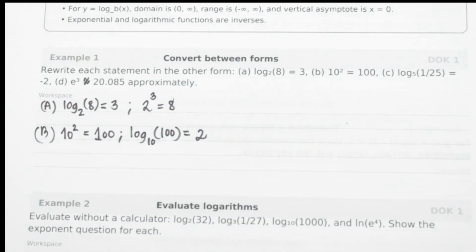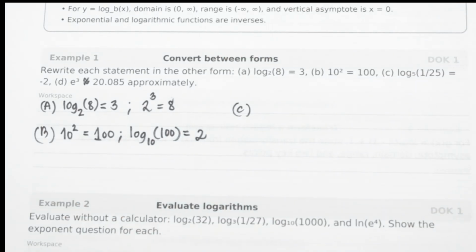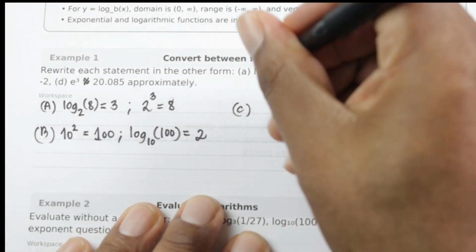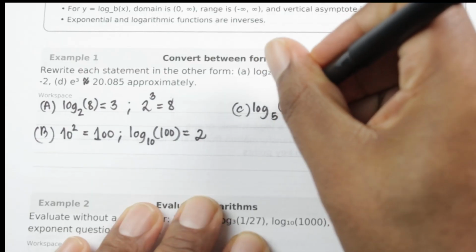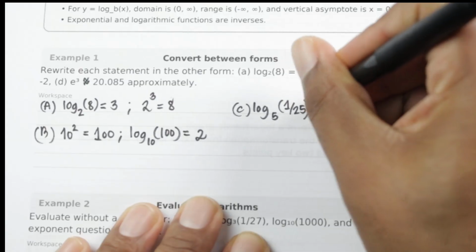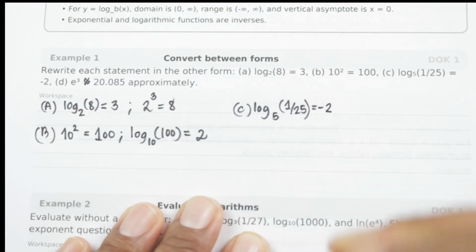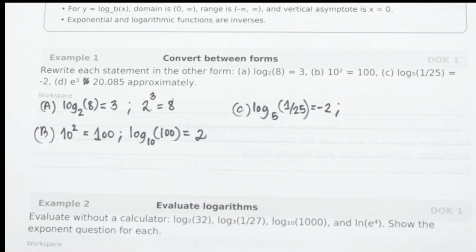Okay. Part C. So C says log base 5 of 1 over 25 equals negative 2. Now, this means that 5 raised to what power will give me 1 over 25?